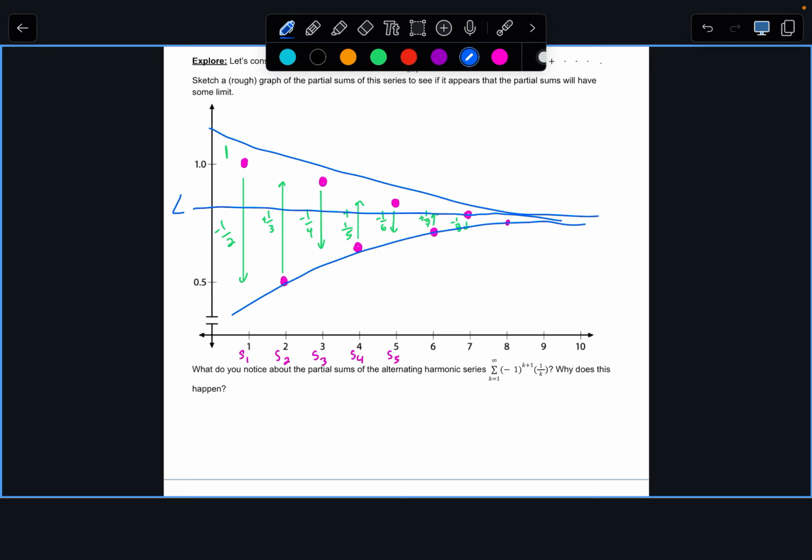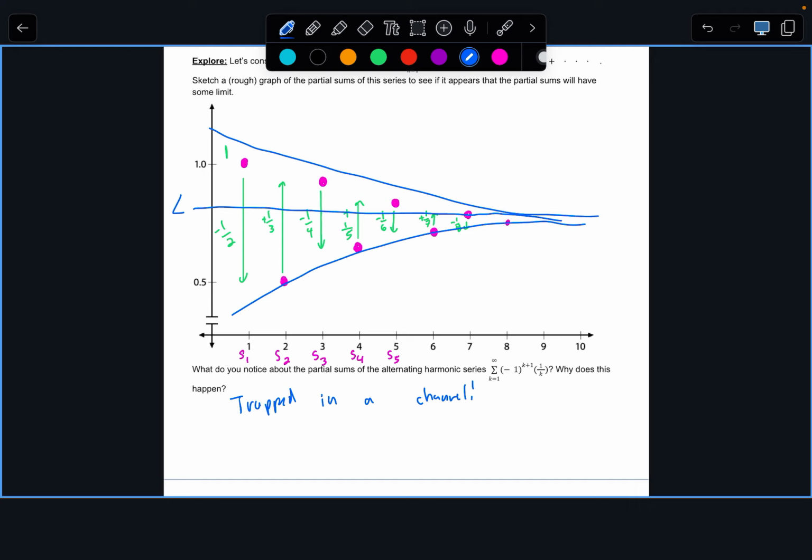But this is the idea behind why an alternating harmonic series converges. Even though the harmonic series normally diverges, this alternating behavior traps you in this channel, and you converge. Okay? So I like to say you get trapped in a channel. That is the essential idea behind it.